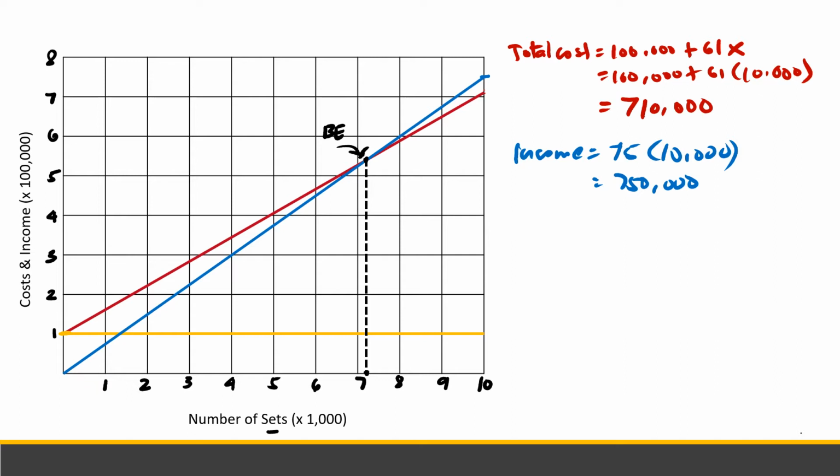So the number of sets or the break-even point is at 7,000. So since hindi masyadong accurate yung graph natin, this is around 7,100 na sets. So that is our break-even point. So this is by graphical solution.